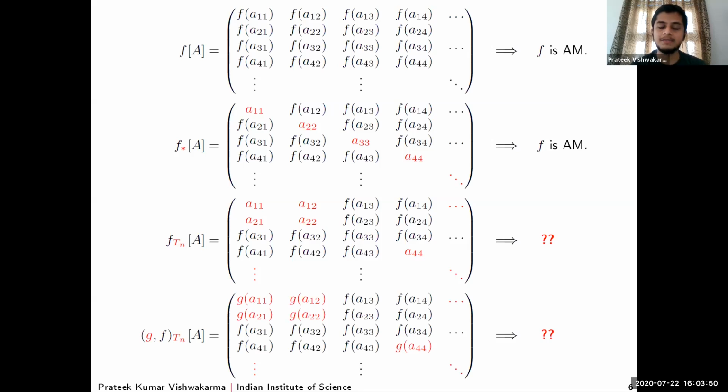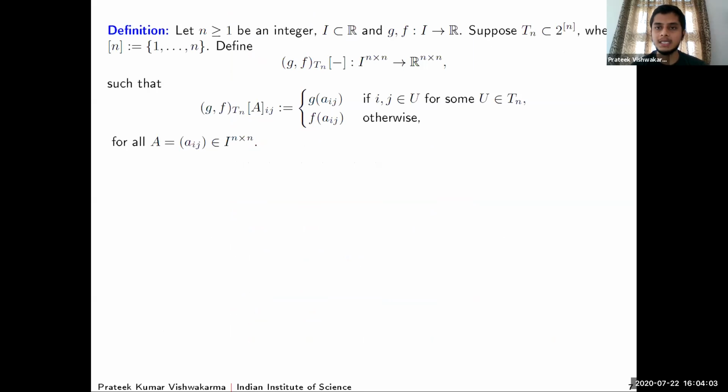We have pushed this idea one step further, where a given different function g is operating on the entries where the function f is not operating. More precisely, suppose Tn is a subset of the power set of bracket n, where bracket n is the set of integers 1 through n. Then in the operation g of Tn, function g operates on the principal blocks which are indexed by the sets sitting inside Tn, and the function f operates on the rest of the entries.